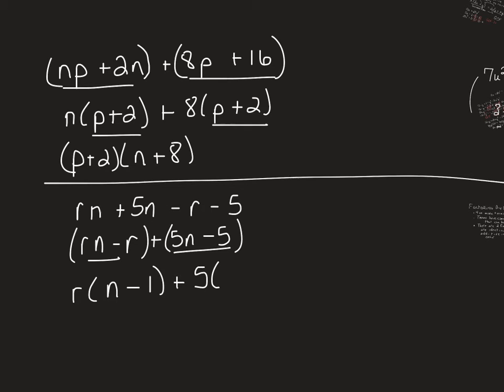If I divide 5n by 5, I get n, and 5 divided by 5 is 1. Now notice n minus 1 is common to both. n minus 1 times r plus 5. And I have just factored that 4-part polynomial.